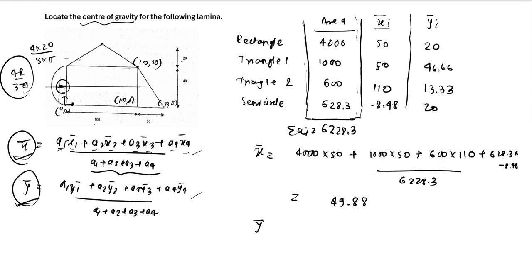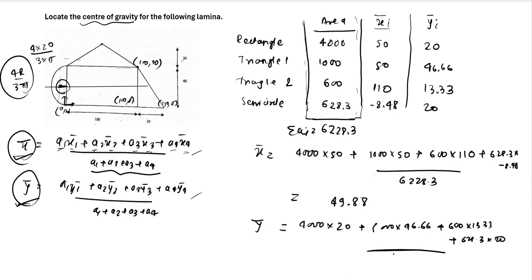And in the y direction, it will become 4000 into 20 plus 1000 into 46.66 plus 600 into 13.33 plus 628.3 into 20, divided by 6228.3. You can also calculate this using your calculator.